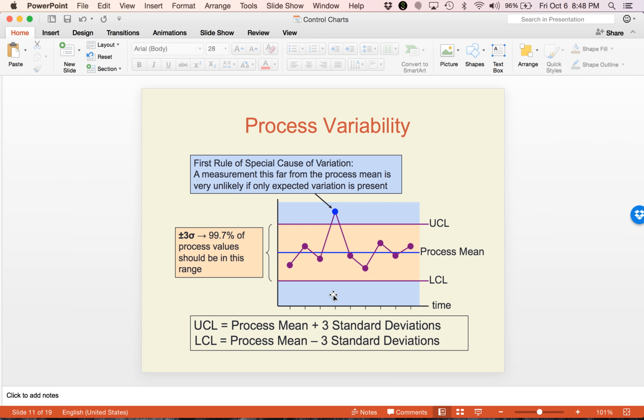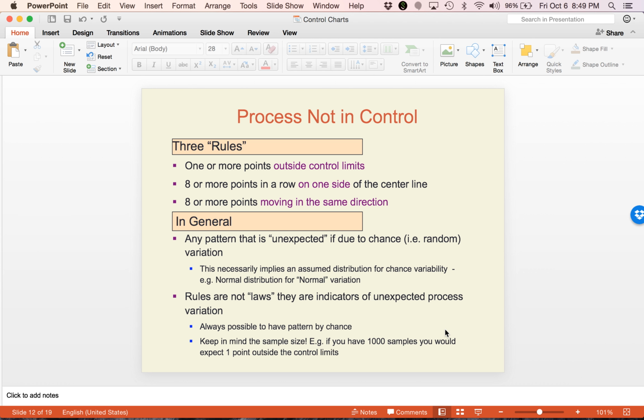More likely like 200 or something like that, then we would expect it. But here we only have like 10 points. And so in 10 points, we certainly wouldn't expect any of them to be above or below. So we say a process is not in control when we see a pattern that causes abnormal variation, or that doesn't follow what we'd expect from normally varying values.